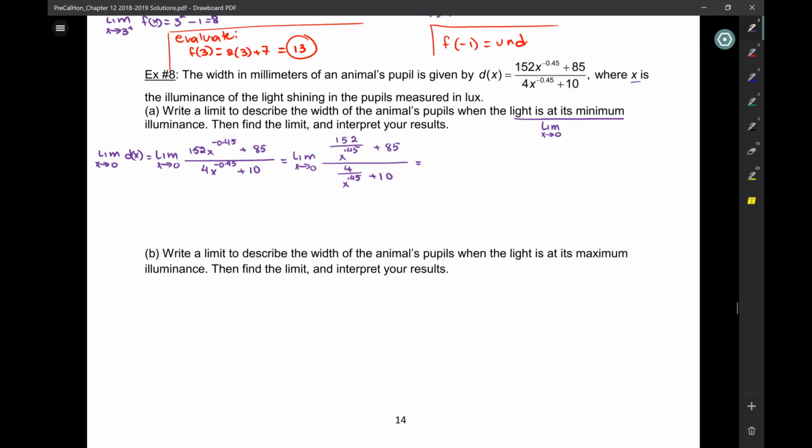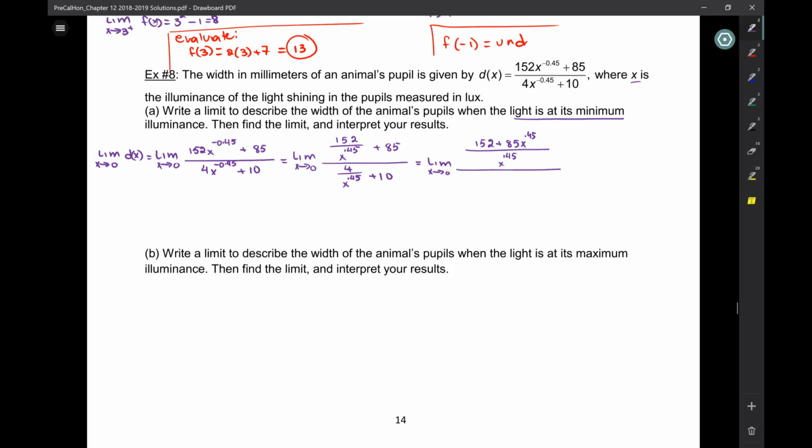what now? I want to do a common denominator here on top and on the bottom. So let's see if we could do that. The limit as X approaches 0 of, so notice I'm carrying the limit along. The denominator in the top is going to be X to the 0.45, and then the numerator here is 152 plus 85 X to the 0.45. I just did a common denominator over here.